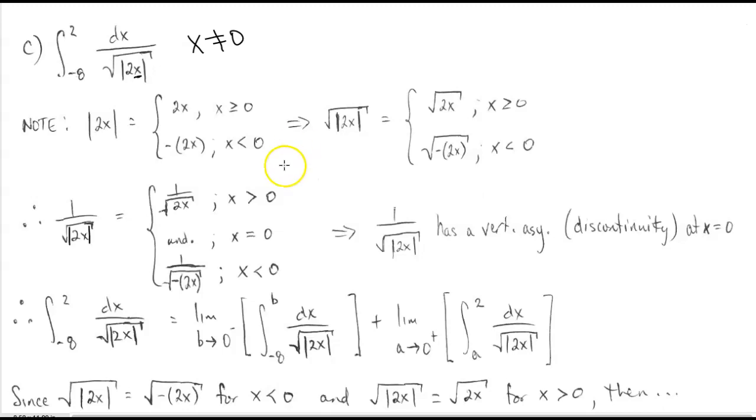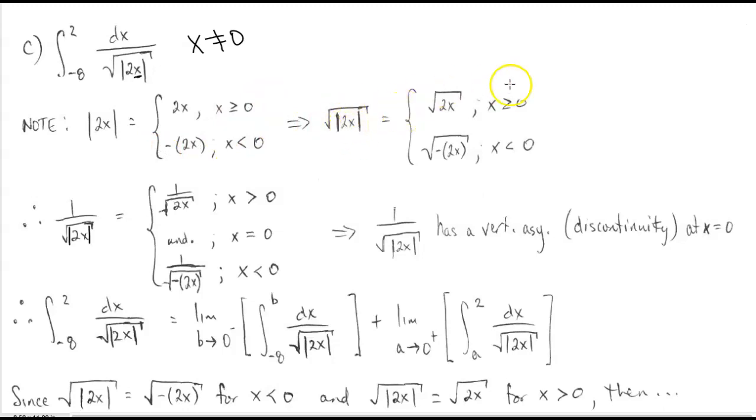Okay? So what that tells us is that we are going to essentially have to split this up into two separate integrals, where the partition number is going to be at x equals 0. Now, according to the definition of absolute value, the absolute value of 2x would just be 2x for all non-negative values of x, and it'll be the minus of 2x for all negative values of x.